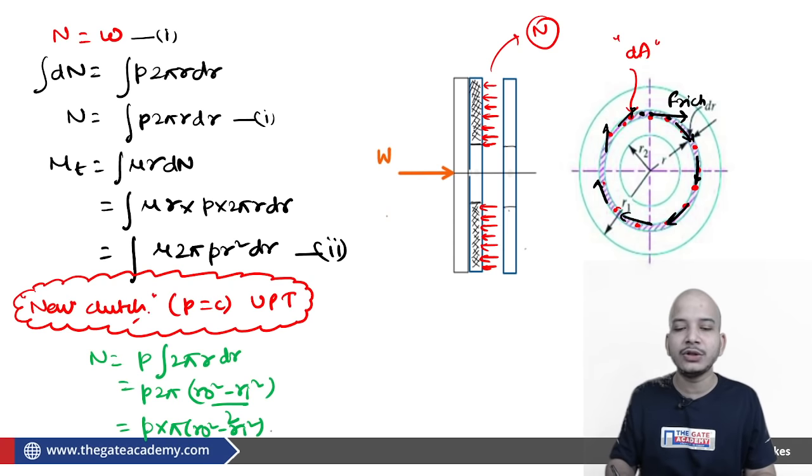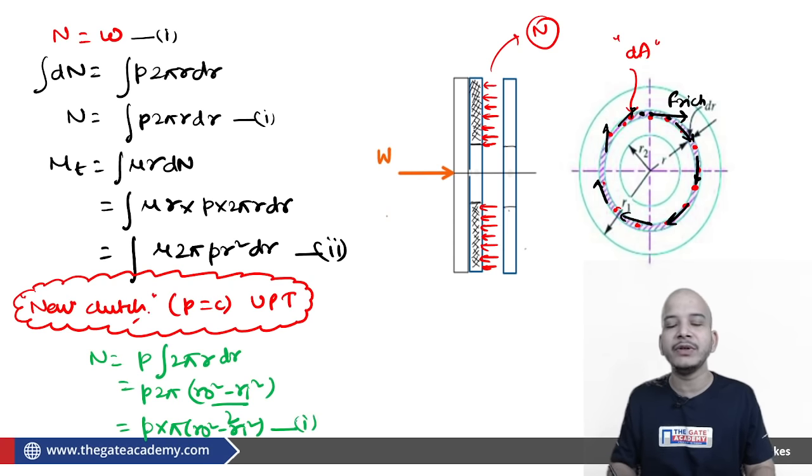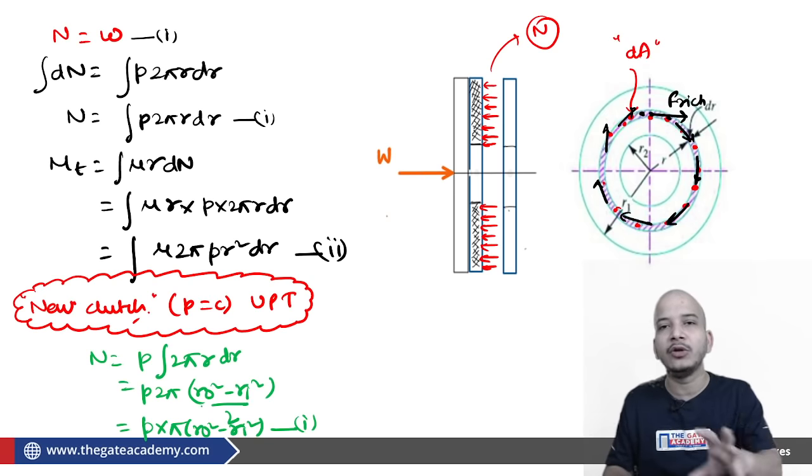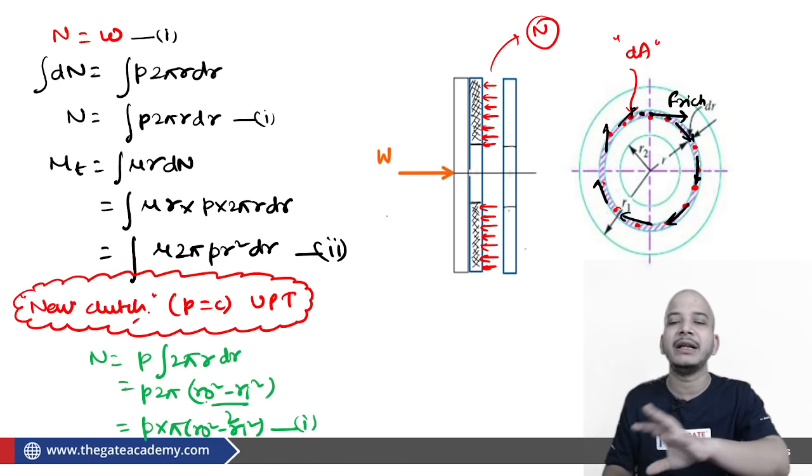This should also come out, because the pressure is uniform and the area is pi into Ro square minus Ri square. Definitely this is the amount of normal reaction we get from the interaction.